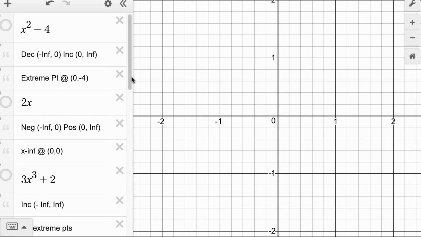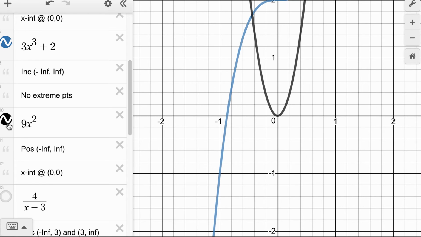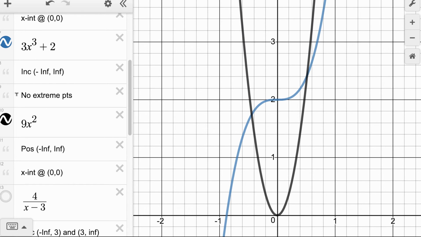For 3x cubed plus 2 and its first derivative, we notice that it's increasing over its entire domain, and that shows with the first derivative. It's positive along its entire domain. There's no extreme points because there's no change in direction.